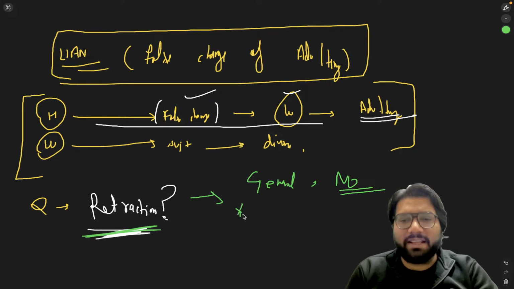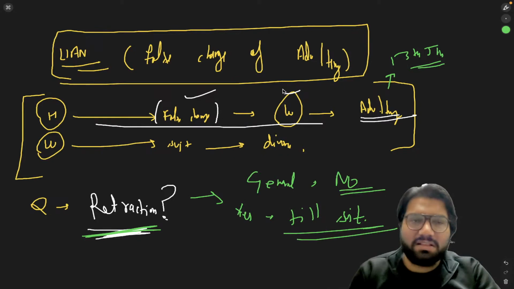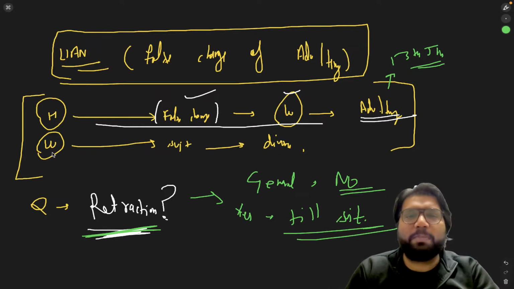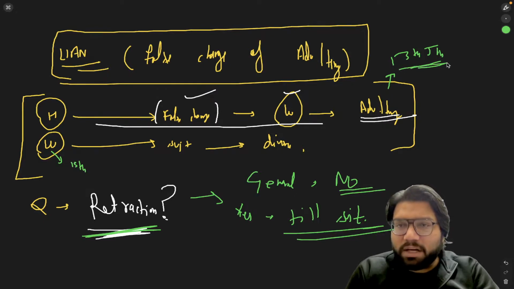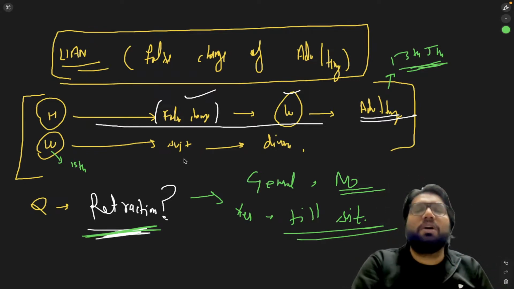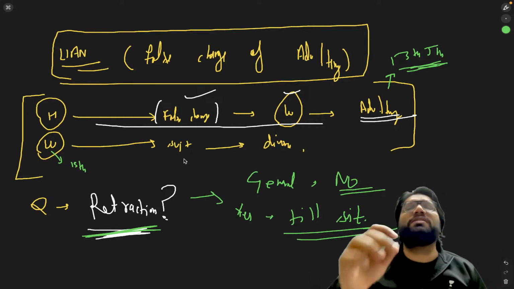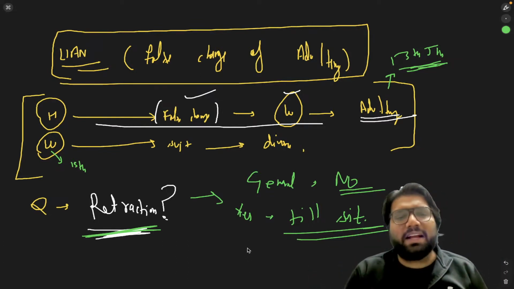But if you are saying yes, till suit, till the moment of suit, which means suppose on 13th of January he made this statement, and the wife has planned to file a suit on 15th January, so starting from 13th till 15th, if the husband convinces the wife, okay, I'm really sorry, I was not meaning this, there was some misconception or whatsoever, and if he convinces the wife, in that case, that can be retracted.